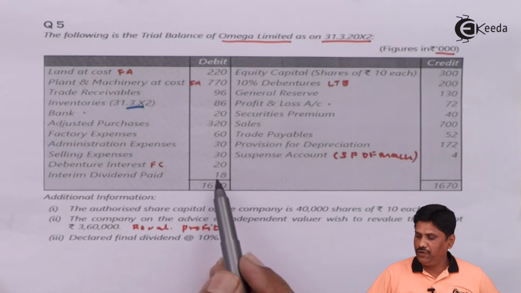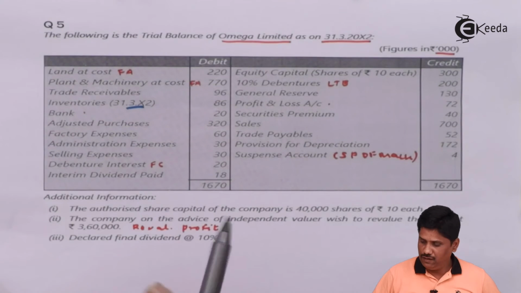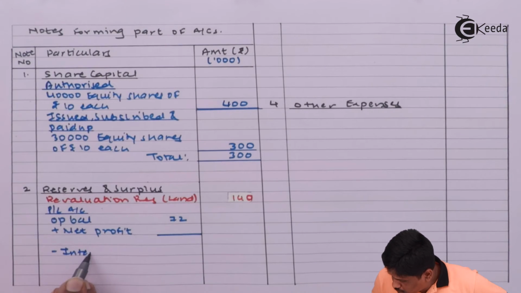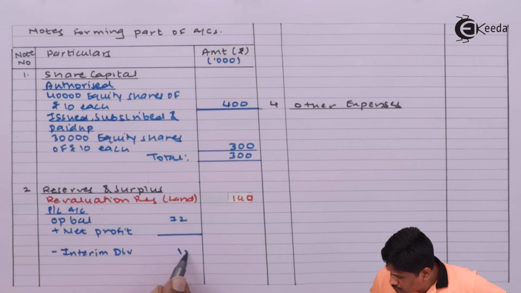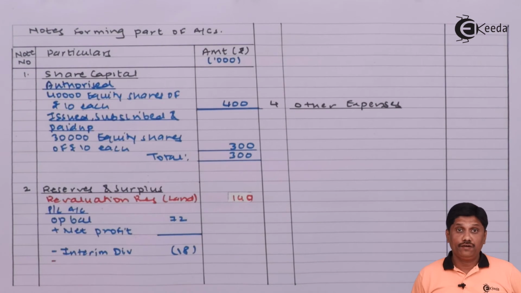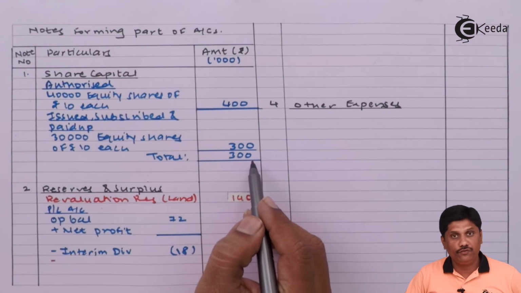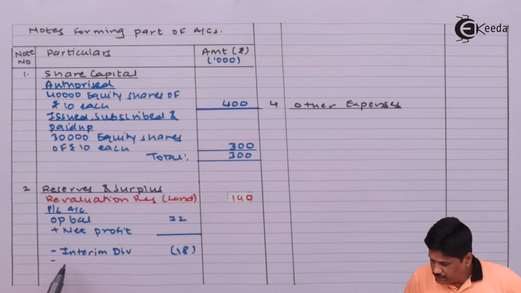Please check the last item on the debit side, 18. Interim dividend paid we will minus from this P&L. And then I will minus final dividend of 10% on share capital. So final dividend is 10% on the share capital, and share capital is in front of you, 300, on that 10%.